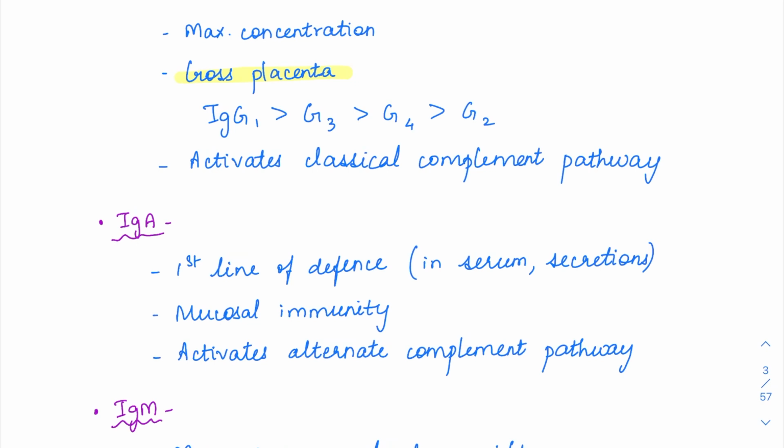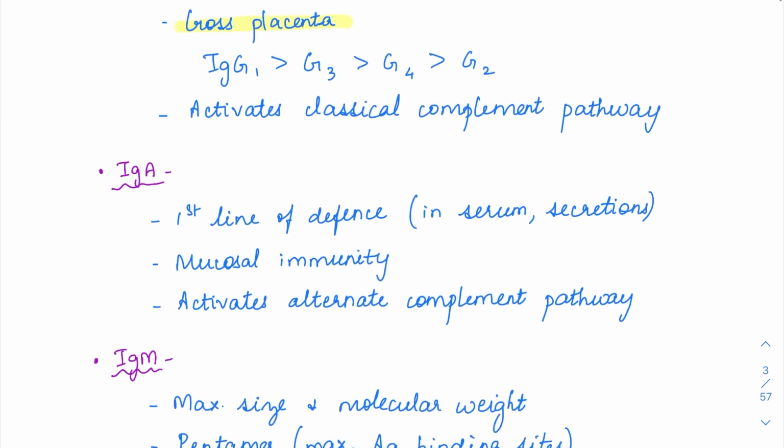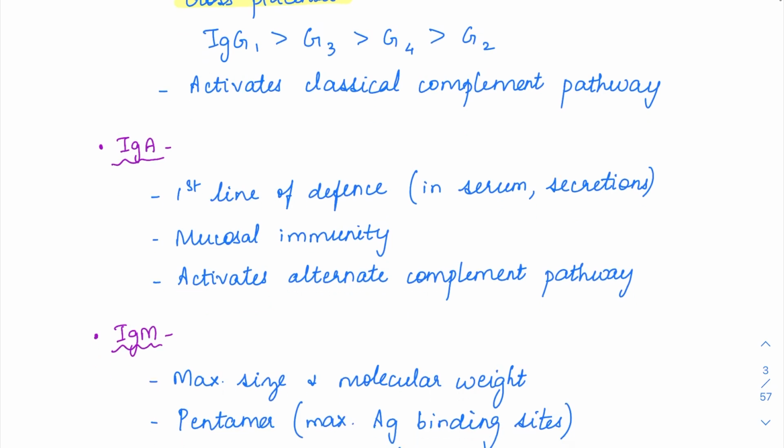That is because the antibodies which are crossing are going to be IgG. IgG is again classified into subtypes like IgG1, G2, G3 and G4, and based on placental crossing ability, IgG1 has the maximum ability to cross the placenta. Next comes G3, then G4, then G2.